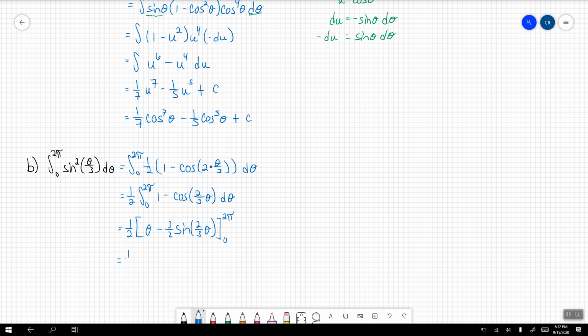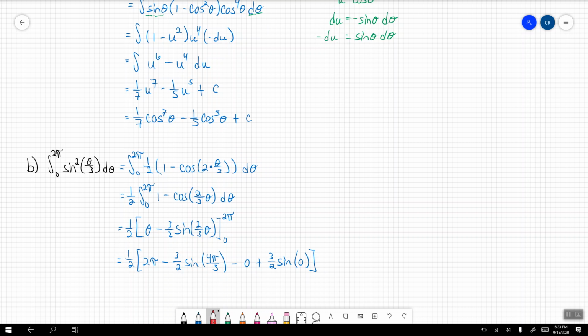And again, we have a half, so this is 1/2 multiplied by 2 pi minus 3/2 times sine of 4 pi thirds, minus 0 plus 3/2 sine at 0.